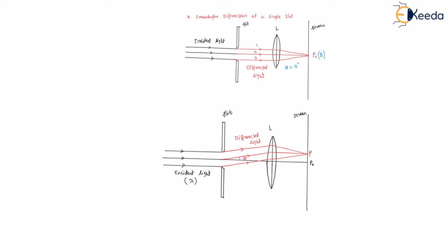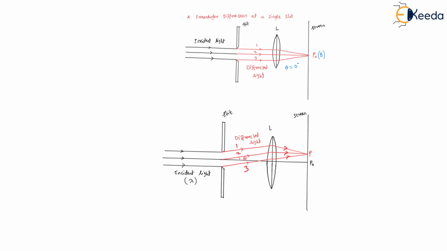But in this second case, there is a path difference. Here I'll number first, second, and third. The second ray will travel straight, but the first and third will bend and then meet at point P. So there is a path difference between the first and third ray. They don't travel the same distance from the lens.